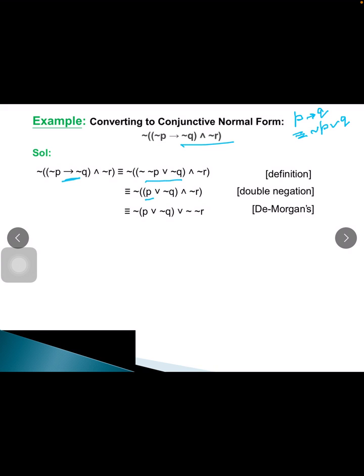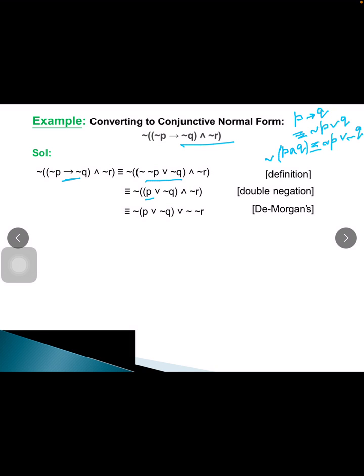Because what says our De Morgan's law? If we have the negation of P and Q, this is equivalent to negation of P, and the AND is converted into the OR, and negation of Q, right?